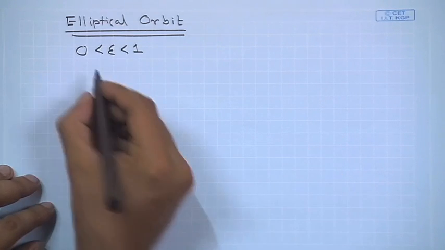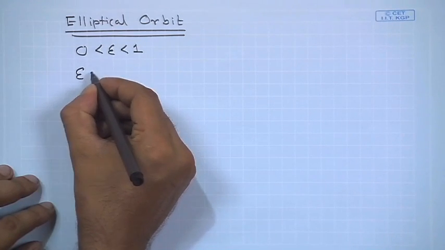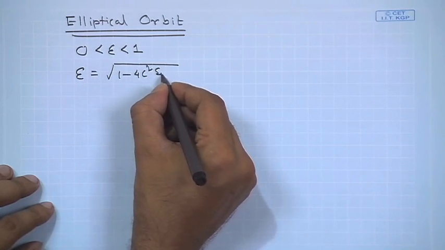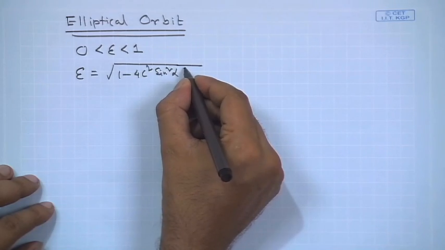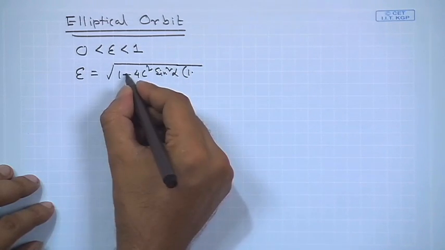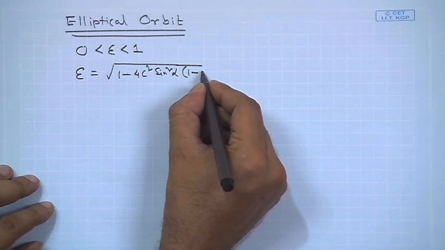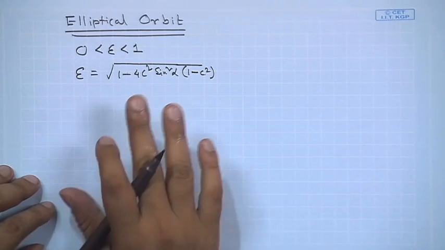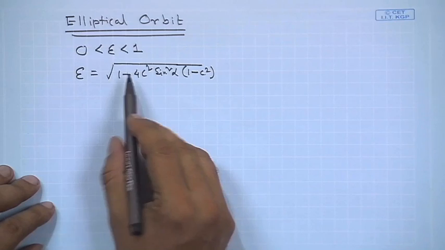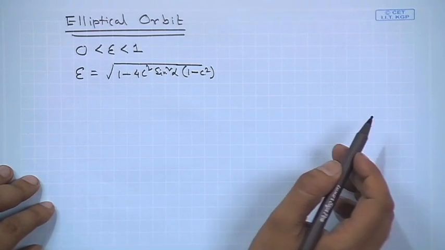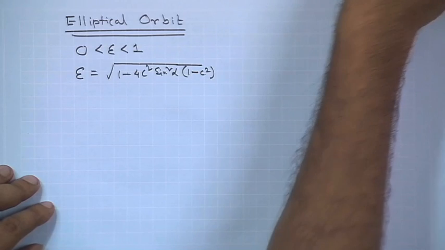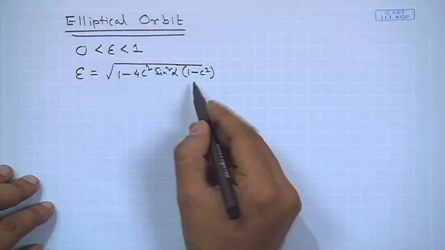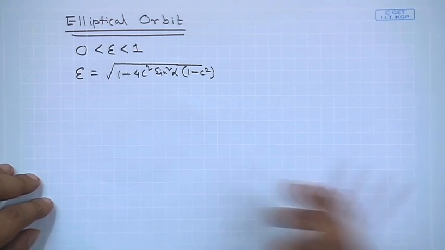Once again we look into the expression for epsilon, which is given by 1 minus 4 c square sin square alpha into 1 minus c square. You can either write c square minus 1 with a plus sign, or 1 minus c square, whichever way you prefer. For this particular case, it is better visualized if we write the minus and 1 minus c square.